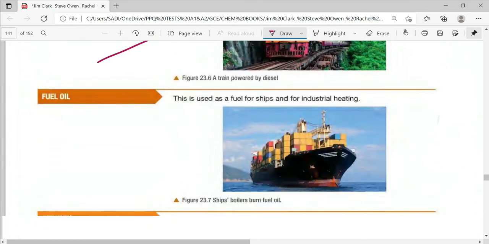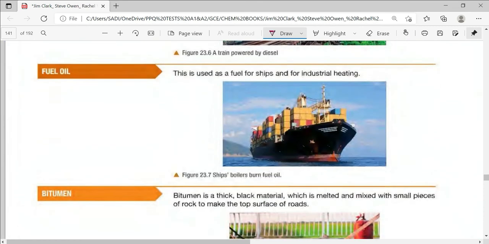Okay, moving on to fuel oil. Now, much more powerful work is to be done, and a huge amount of energy is needed. Now, you can see the huge container here. So, we are using these for industrial processes.